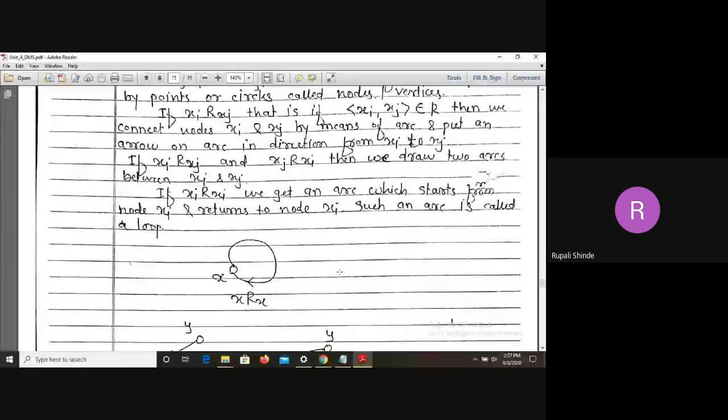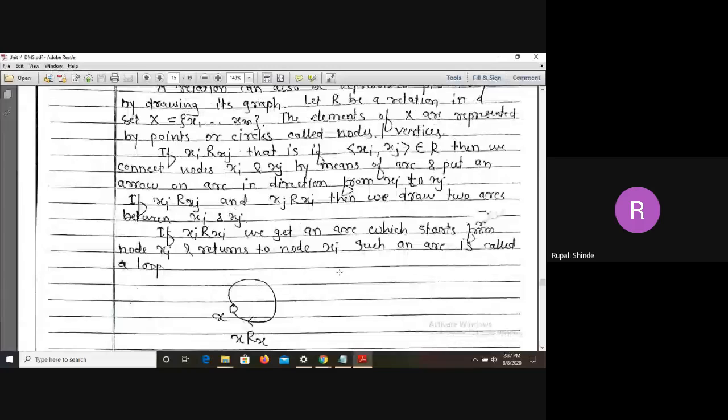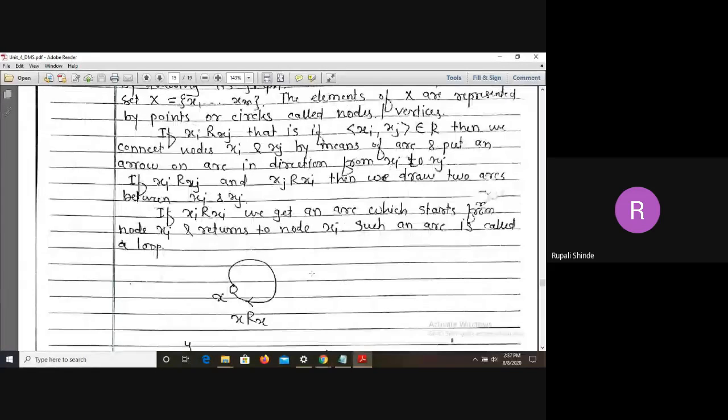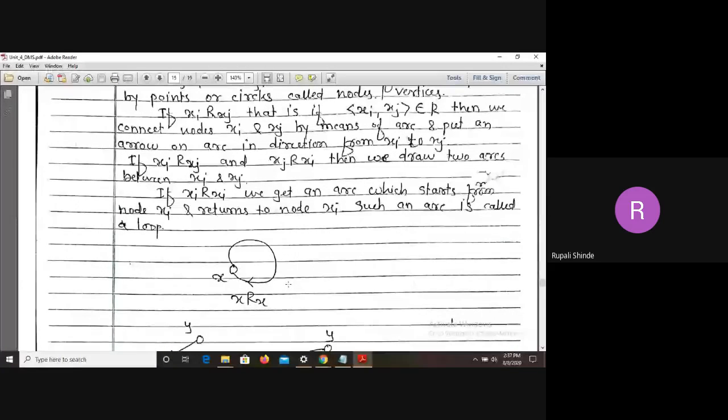So while representing any relation with the help of a graph, we have to represent every element of that relation as a circle, and we have to draw an arc from that element to represent its relationship with another element. Now suppose your relation contains an order pair x comma x, and we have to represent it with the help of a graph.